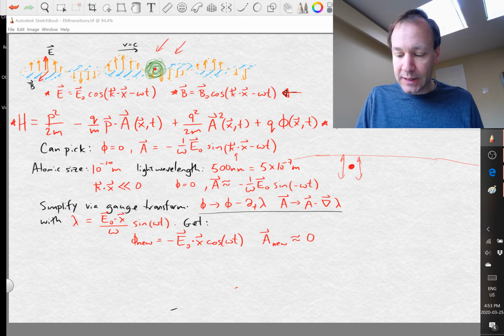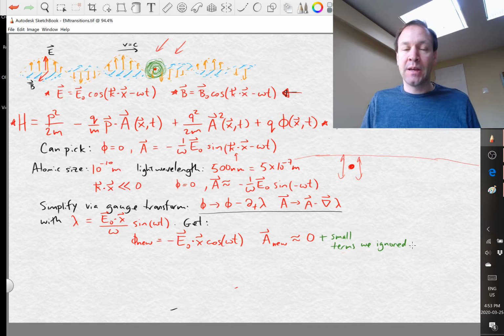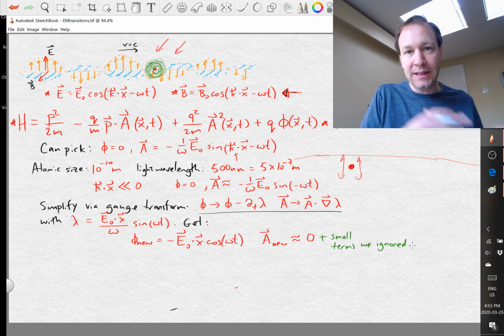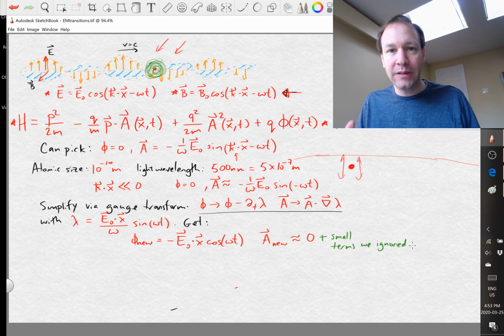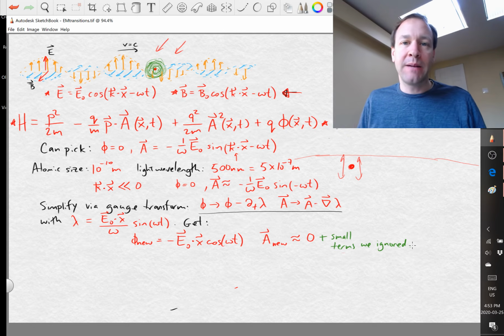Really, the A has small terms that we ignored. If you want to very accurately or precisely solve this problem of what is the effect of this electromagnetic field on the atom or the molecule, then you'll eventually need to take those into account. But in many circumstances, it's fine to ignore them.